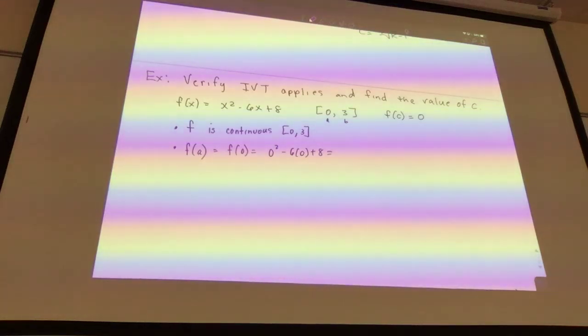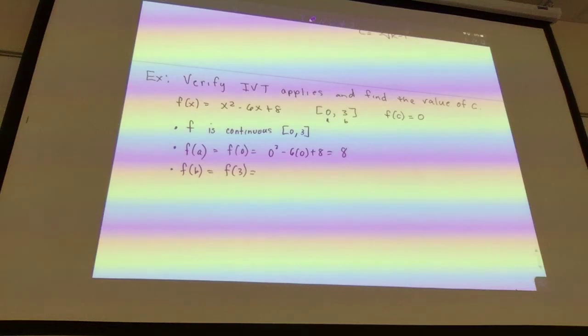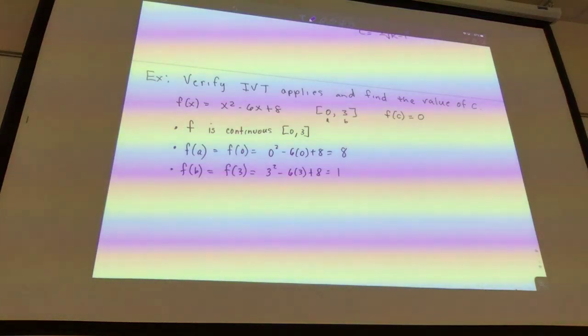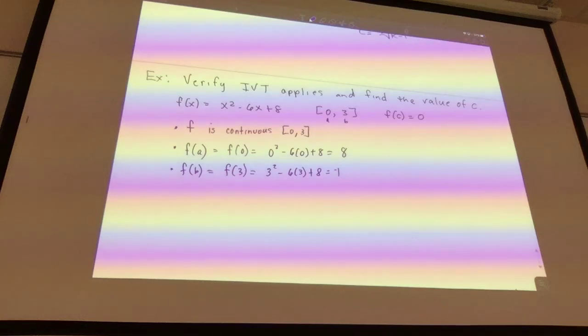And we get 8. F of B would be f evaluated at 3 in this case. So 3 squared minus 6 times 3, plus 8, which gives -1.